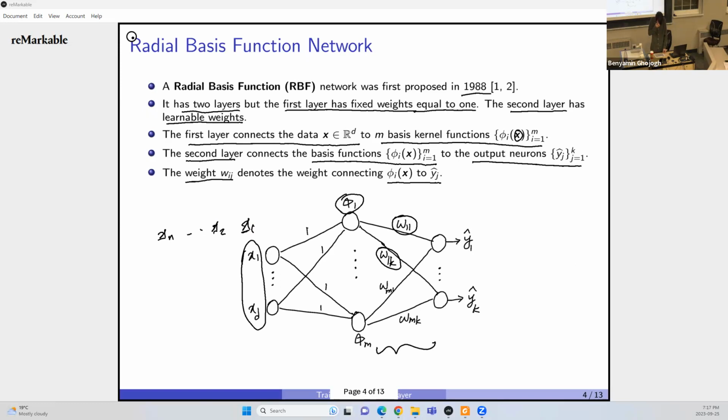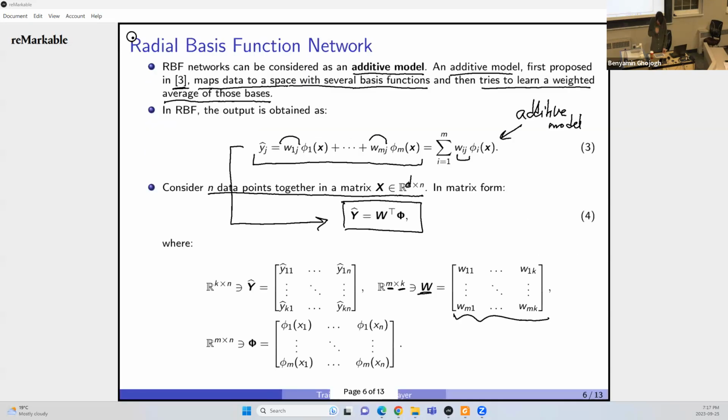So as a result, my matrix phi becomes a matrix with m rows and n columns, where each row is one of the phi's, but across different data points, and each column is one of the data points, but across different basis functions, m basis functions.